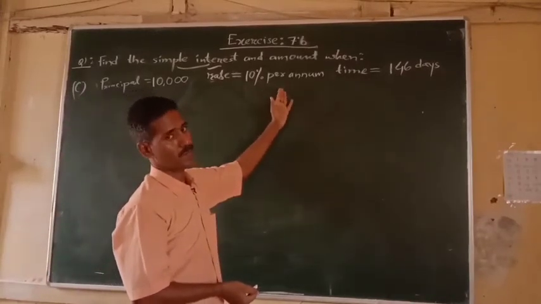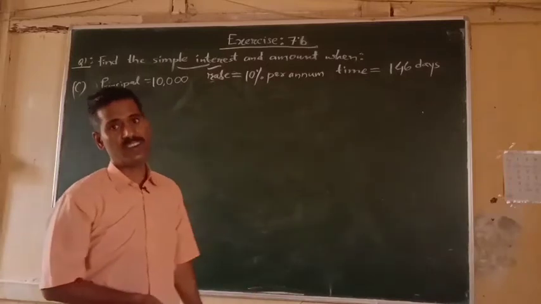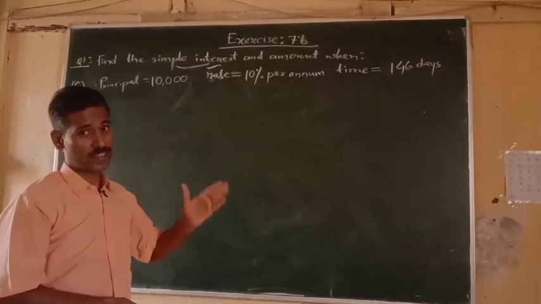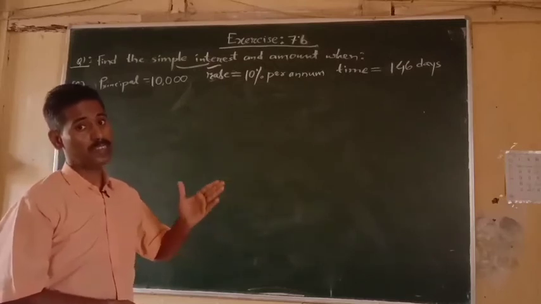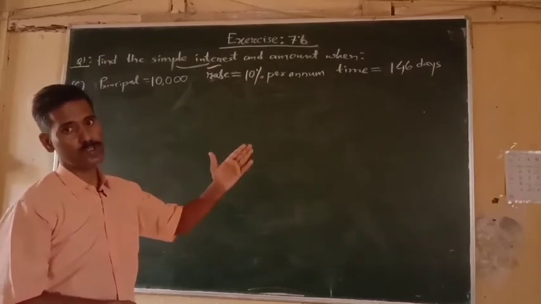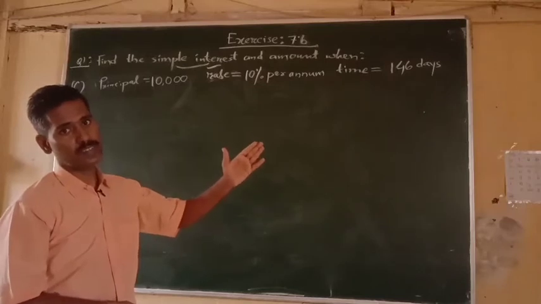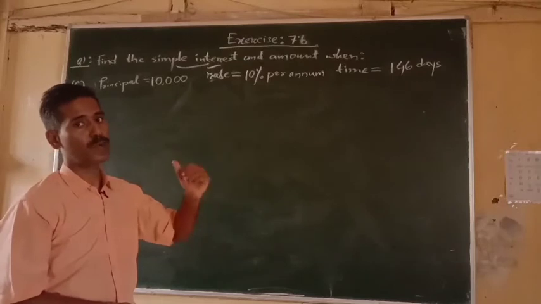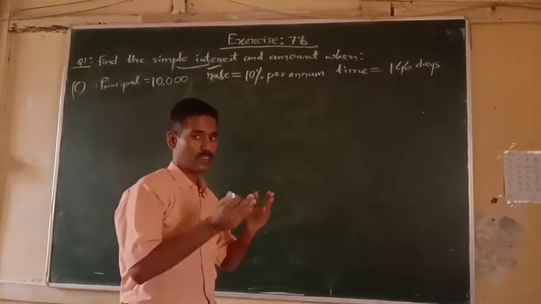It is calculated per annum, yearly. Per annum means yearly. Since interest is calculated yearly, first of all we have to convert the time also into year.